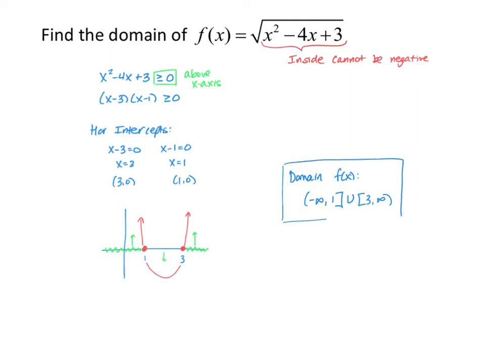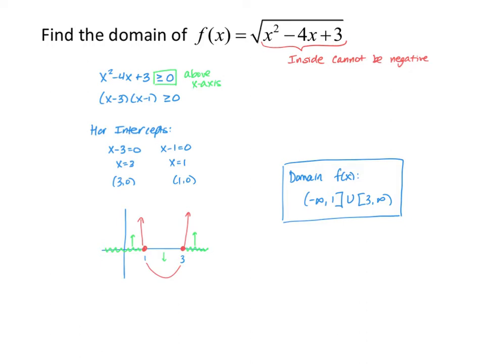So our original problem asked us to find the domain of a function. This fits with our solving polynomial inequality section because with a square root function we need to make sure that the inside is not negative. So writing this mathematically gives us an inequality that the quadratic expression on the inside must be greater than or equal to 0.